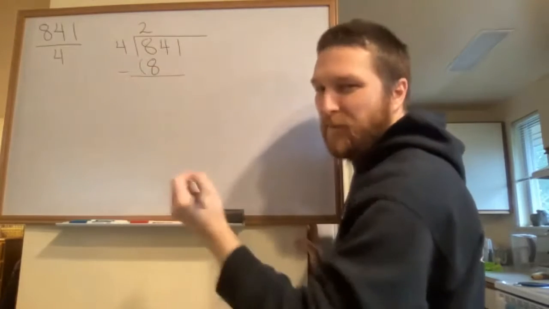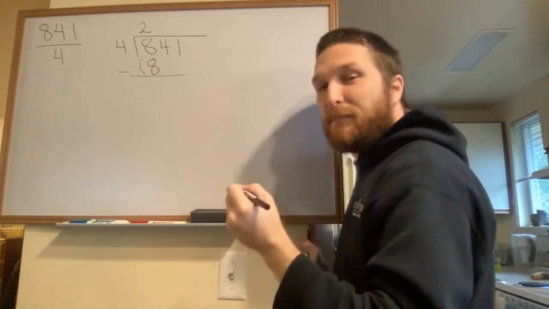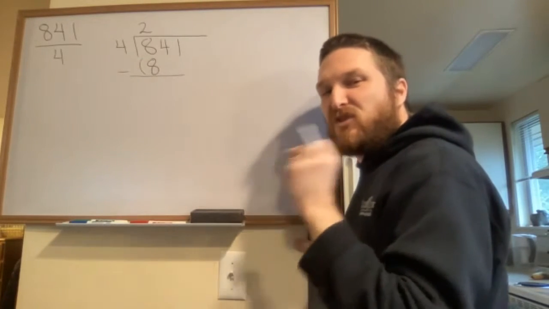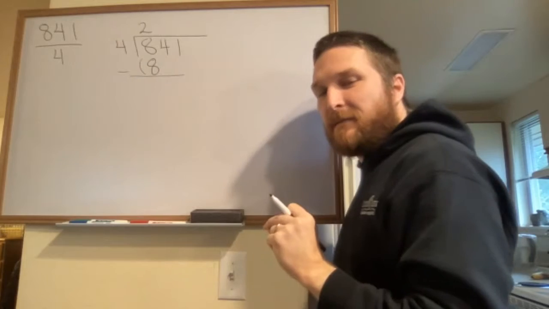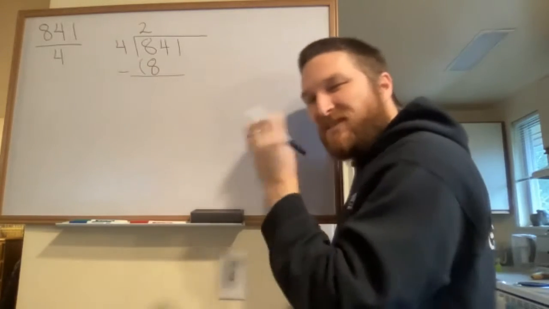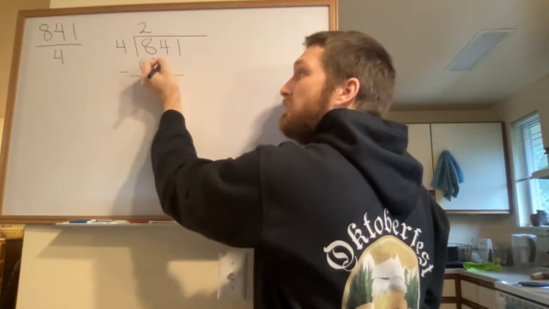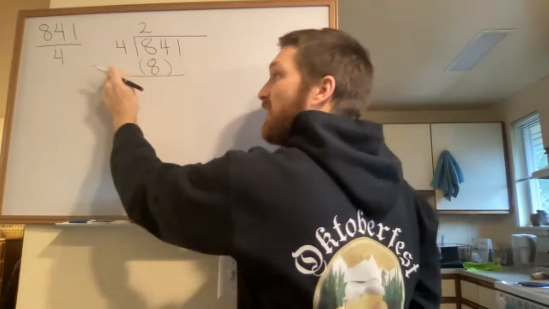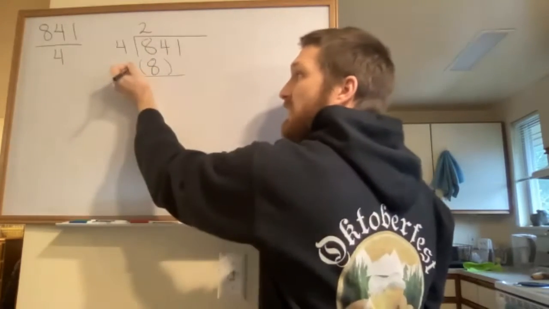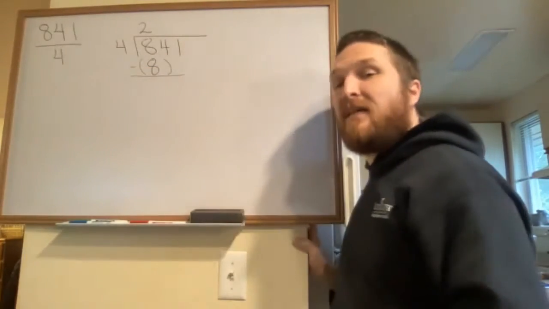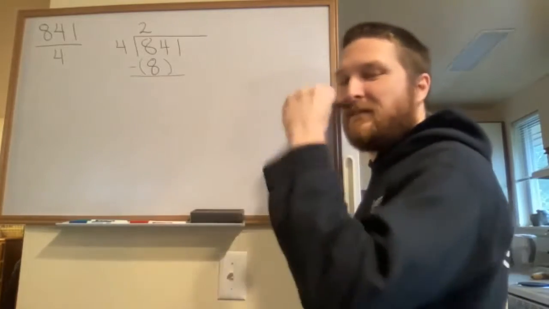What's about to happen is this is going to get much more complicated. And just throwing a minus sign in front of something, it's symbolically weird. But what can help keep you straight is putting parentheses around the number you're about to subtract and then putting a minus sign. That will help you. Trust me on this. You want to do this.